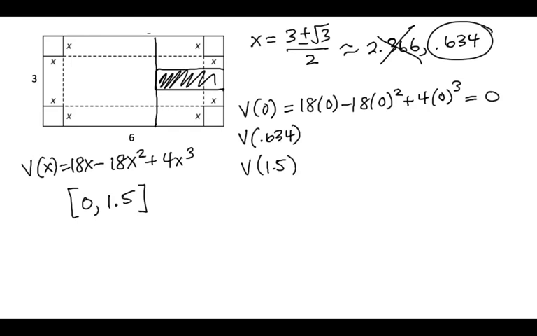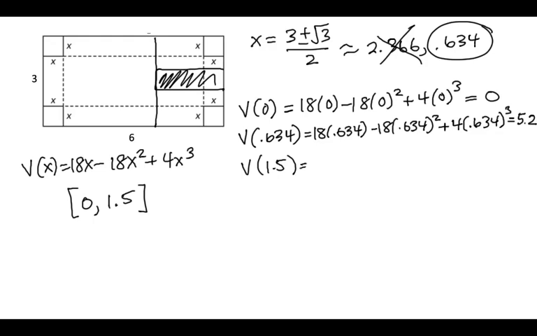Okay, so when I plug in 0.634, I get 5.2. Let's see if I can squeeze that in there. There we go, 5.2. So that's a volume of 5.2 meters cubed.